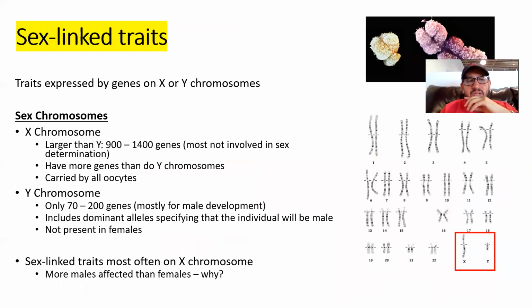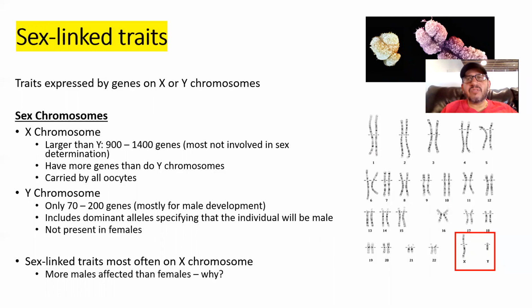The sex-linked traits: there are a lot of sex-linked disorders, and basically those are going to occur on what? Yep, the sex chromosomes, whether it's the X or the Y chromosome. A lot of times it's the X chromosome because the X chromosome is the same size as the somatic chromosomes, the autosomes, remember, chromosomes 1 through 22.